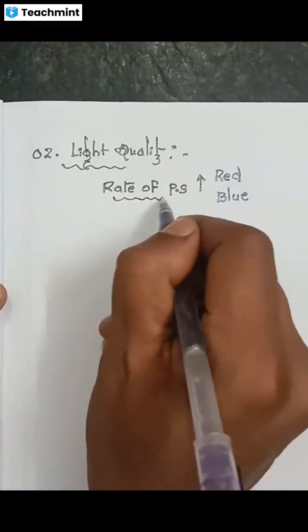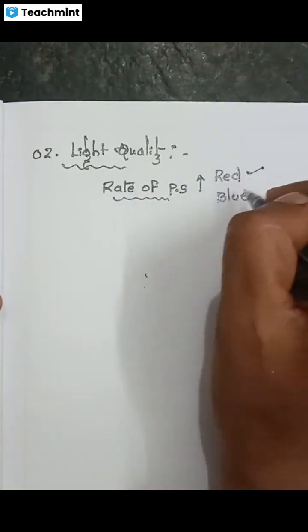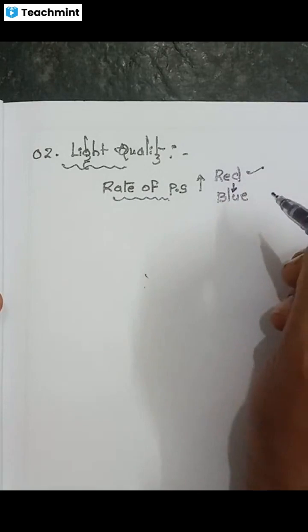The rate of photosynthesis is very high in red light, then after that blue light.